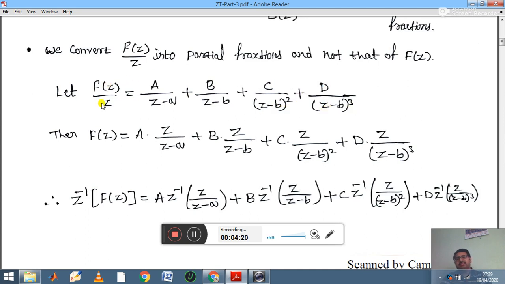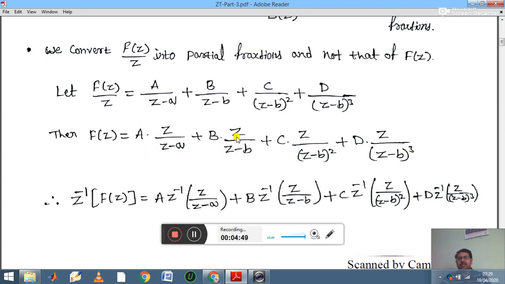Here on the LHS you are always keeping F of z by z, and for the RHS term you are applying partial fractions. Then you send the denominator z to the RHS side, then you are getting F of z is equal to a into z by z minus a plus b into z by z minus b plus c into z by z minus b whole square plus d into z by z minus b whole cube.